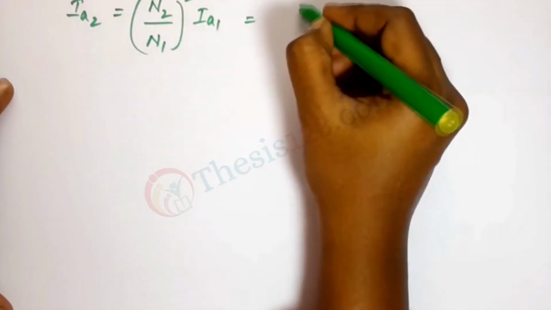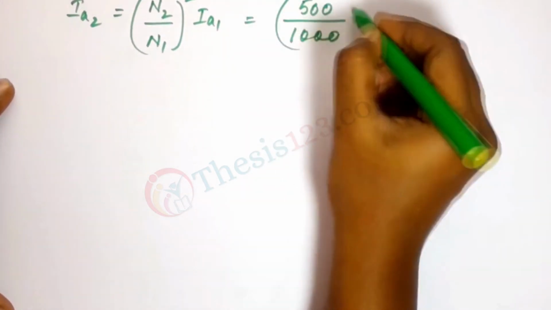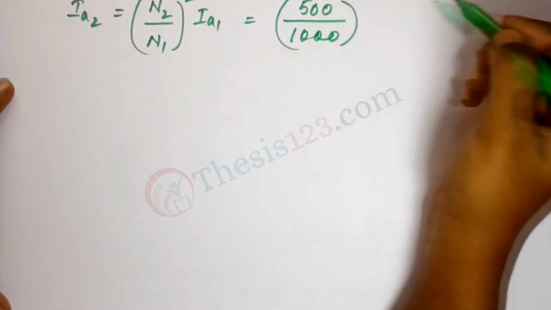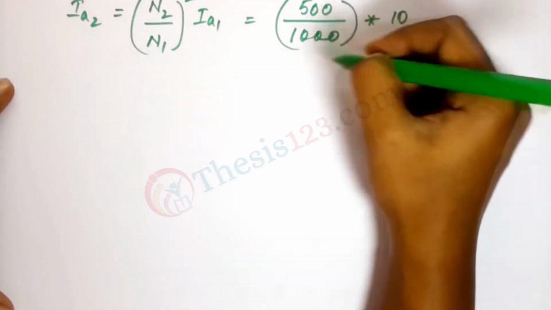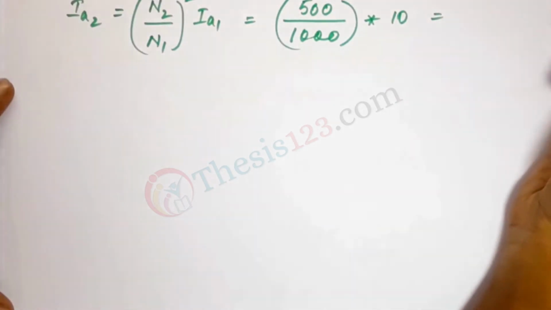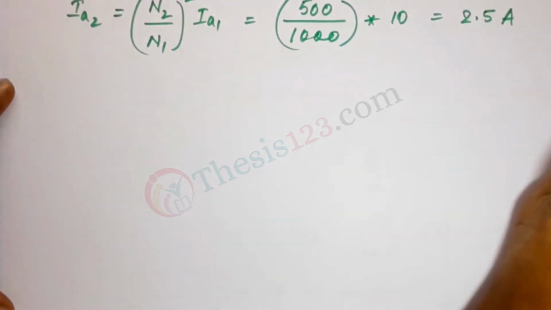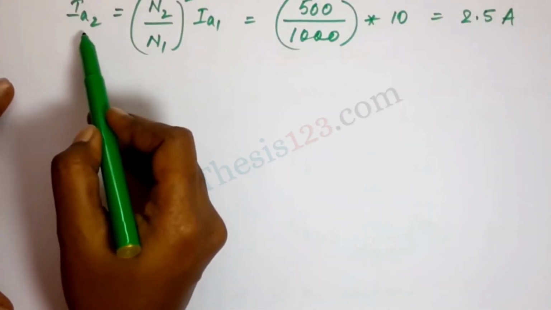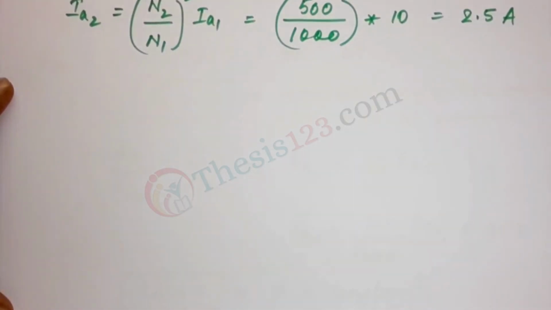So this is our formula. Let's substitute the values. 500 divided by 1000 whole square into IA1. The value is 10. Solving this, you should get a value of 2.5 amps. Now we have the value of IA2 to be 2.5 amps.